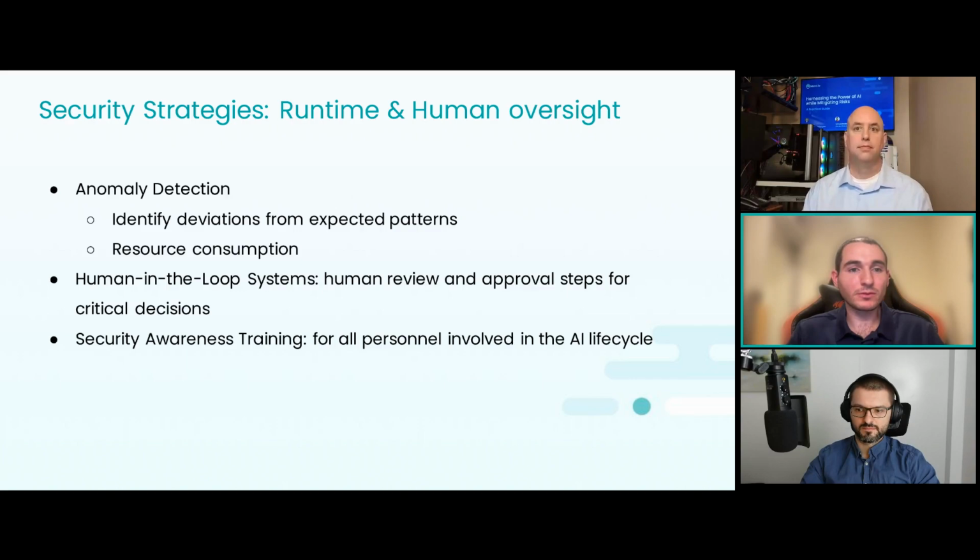Also, we want to have some human in the loop in order to not make the LLM do steps that are critical in some processes. I think I mentioned earlier the hiring decision processes, for example, and security awareness training. Just make sure that everyone around the development and usage of these AI tools is aware of the different risks and security vulnerabilities that are there, and is up to date with everything that we already know.